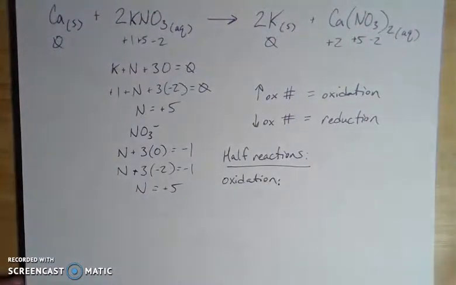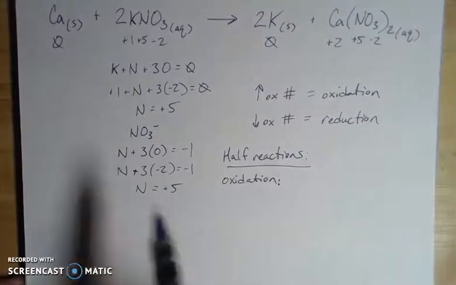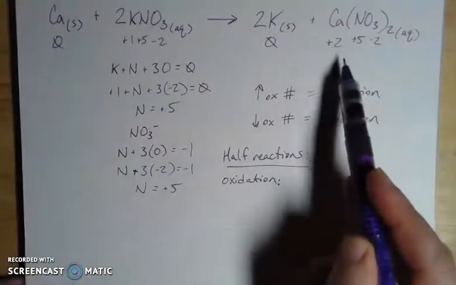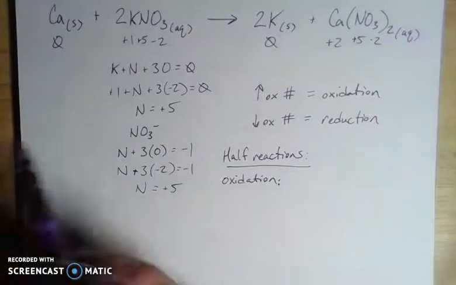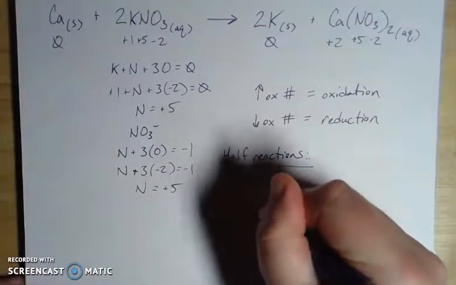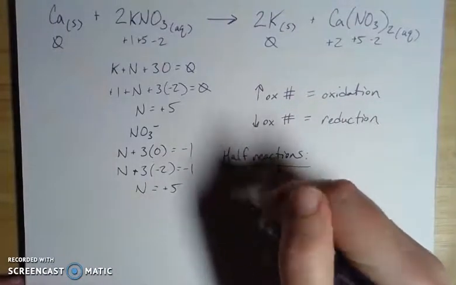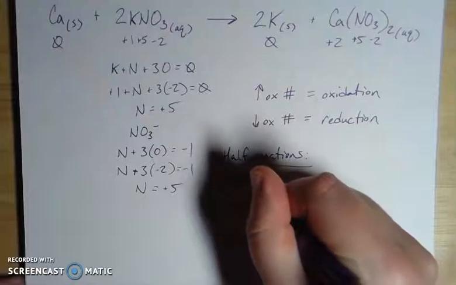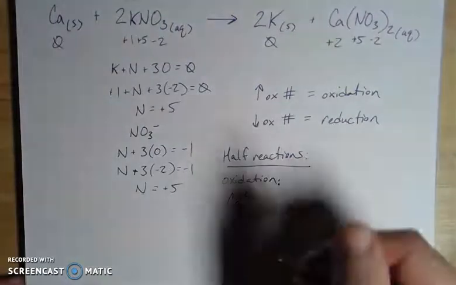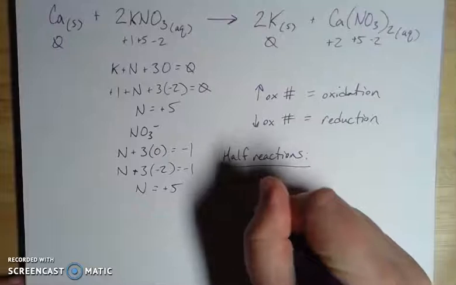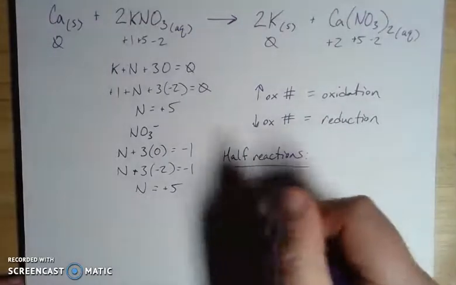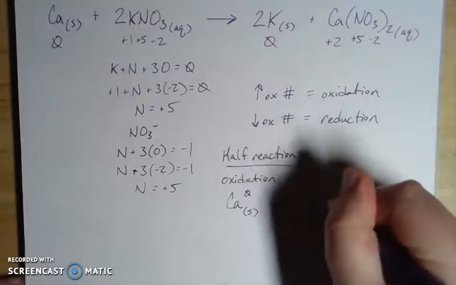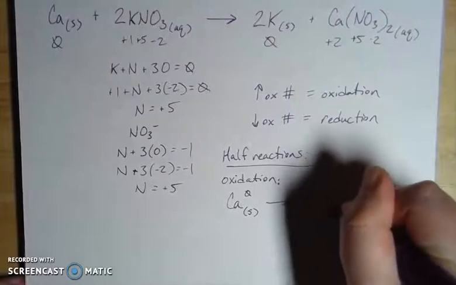So let's do our oxidation half reaction, which is just going to show the loss of electrons. Which one is being oxidized? Well, it's the one that's getting a larger oxidation number going from reactants to products. Calcium is going from a 0 oxidation state. Some people will put the 0 up there as a charge, or actually as the oxidation state. So I'm going from calcium 0 to calcium 2+.